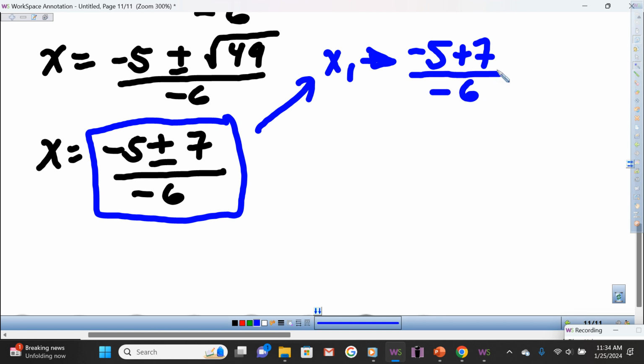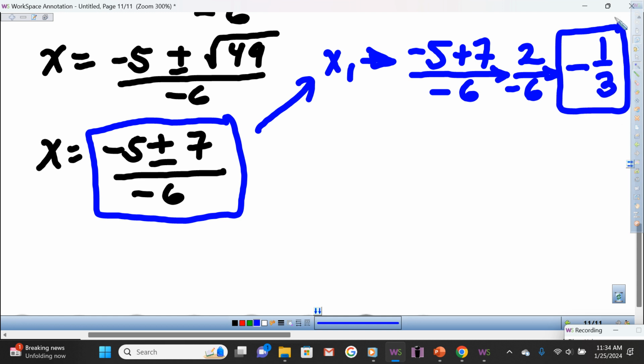Divided by -6. Okay. So this is -5 plus 7, that's 2, divided by -6. Can we simplify that, guys? Yeah, -1/3. That is correct. So, tell your neighbor what you write for x sub 2, and then Danny's going to pass on one.